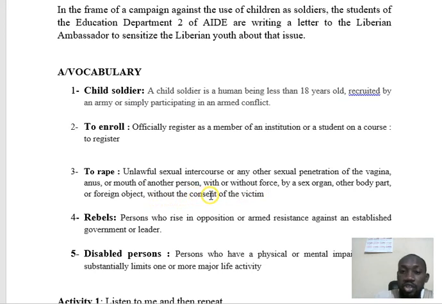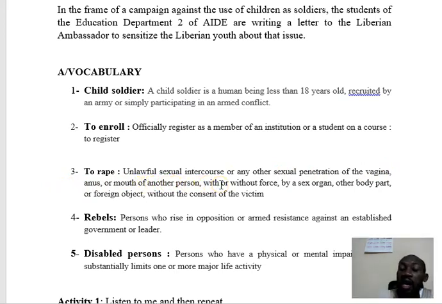So for a sexual intercourse or relationship to be considered as rape, the first thing is that there should be penetration in the vagina, with any kind of thing. It may be an organ. And also this penetration should be in the vagina, anus, mouth, or other of another person.